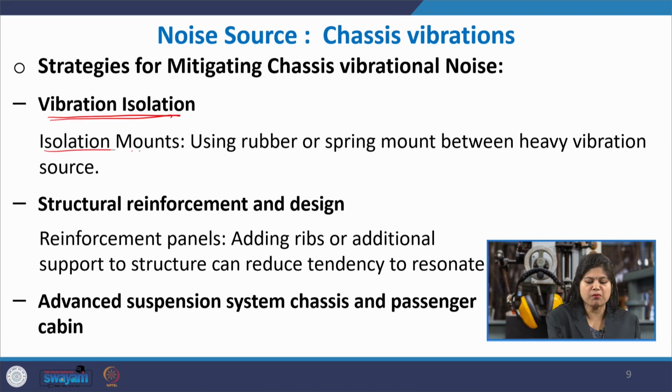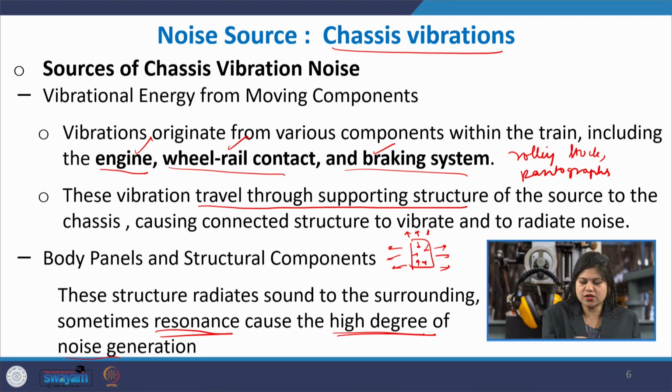Isolation mounts could be used, which means that all these sources, such as the rolling stock, the pantograph, the engine, the wheel-rail contact, and the braking system, should be connected to the chassis via some mounting. The mounts or structures connecting these sources to the chassis should be more vibration resilient so that they stop the vibration from passing into the chassis.